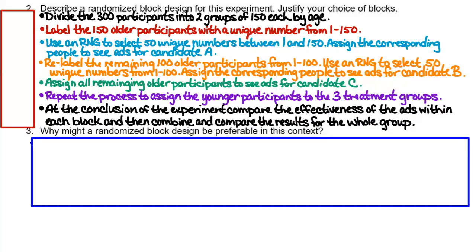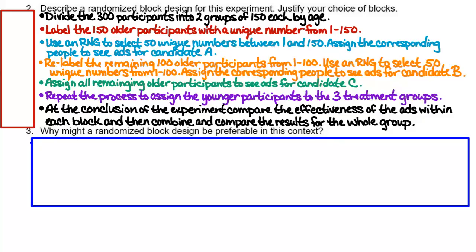And then at the conclusion of the experiment, compare the effectiveness of the ads within each block, and then combine and compare the results for the whole group. So within the older participants, I would look at effectiveness for candidate A, B, and C ads.